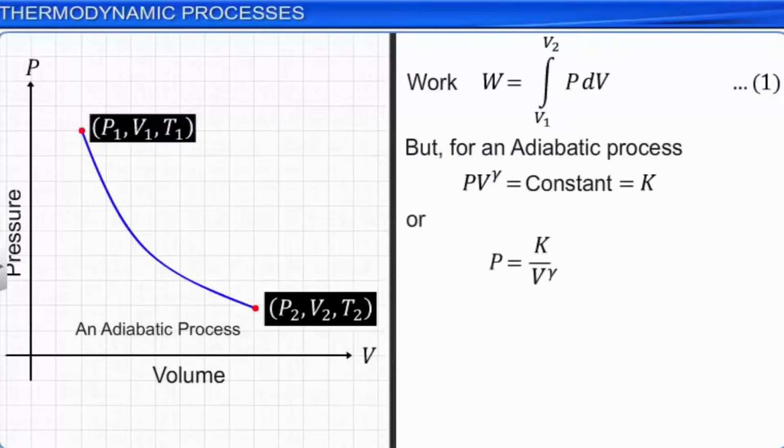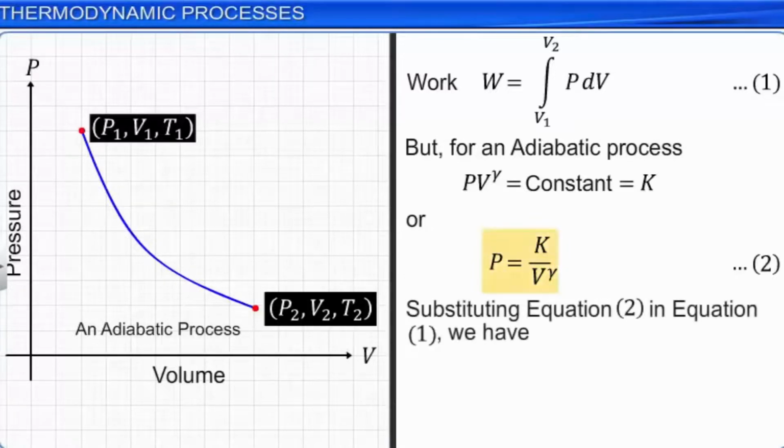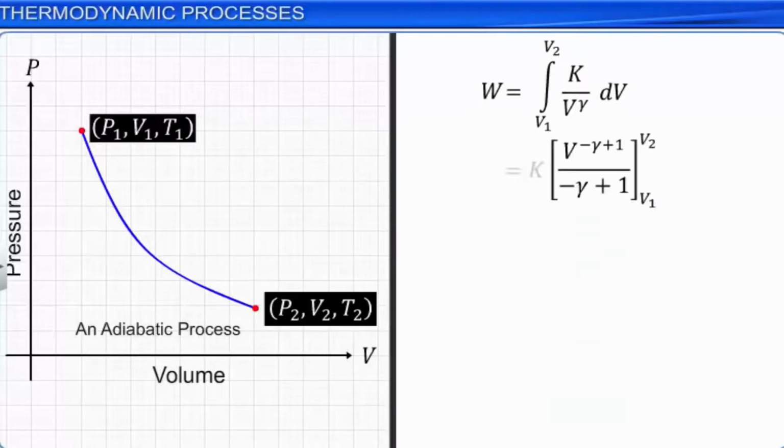Substituting equation 2 in equation 1, we have W is equal to integral V1 to V2 K by V to the power of gamma dV, which is equal to K into V to the power of minus gamma plus 1 by minus gamma plus 1 from V1 to V2, which is equal to 1 by 1 minus gamma into K by V to the power of gamma minus 1 from V1 to V2, equal to 1 by 1 minus gamma into K by V2 to the power of gamma minus 1 minus K by V1 to the power of gamma minus 1.